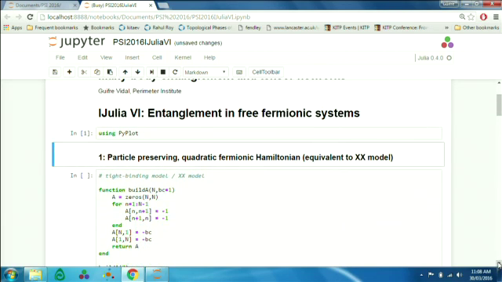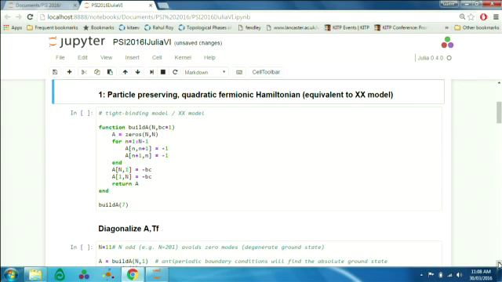And so let's consider this fermionic, particle number preserving Hamiltonian, which is quadratic, which is equivalent to the XX model. So our goal now is to simply see how to exploit this formalism to compute entropies in the ground state of, say, a quadratic Hamiltonian in fermionic operators.